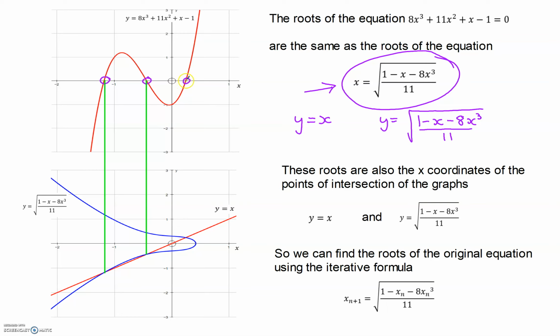And the same happens with the third root, that they are identical values of x. So what we can do is we can use the iterative formula. The general formula is given at the bottom of the page, which is that each successive value of x is generated using xn plus 1 equals the square root of 1 minus xn minus 8xn cubed all over 11.